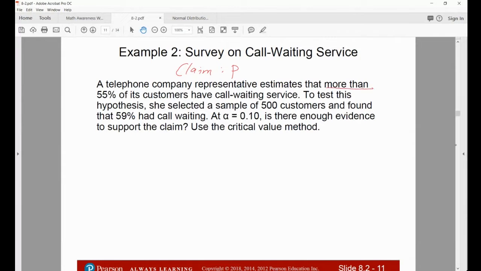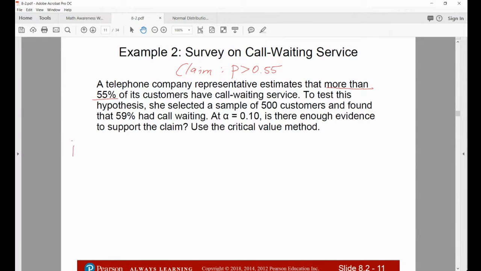It says that it's more than 55%. So the claim is that the proportion of people with call waiting service is greater than 0.55. Remember, we convert the percentage into a decimal by dividing by 100.